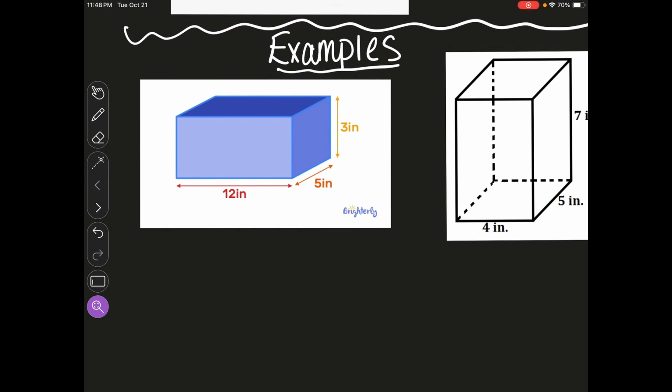Okay, so the first one to our left. We have 12 inches, 5 inches, and 3 inches. We have a rectangular prism, right? So what we're going to do, we're going to label each measurement. The 12 inches will be our length, 5 inches will be our width, and the 3 inches will be our height. All right.